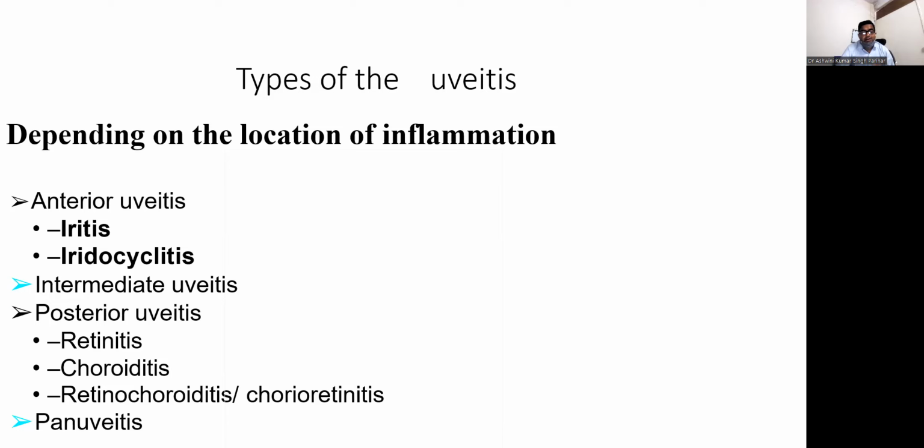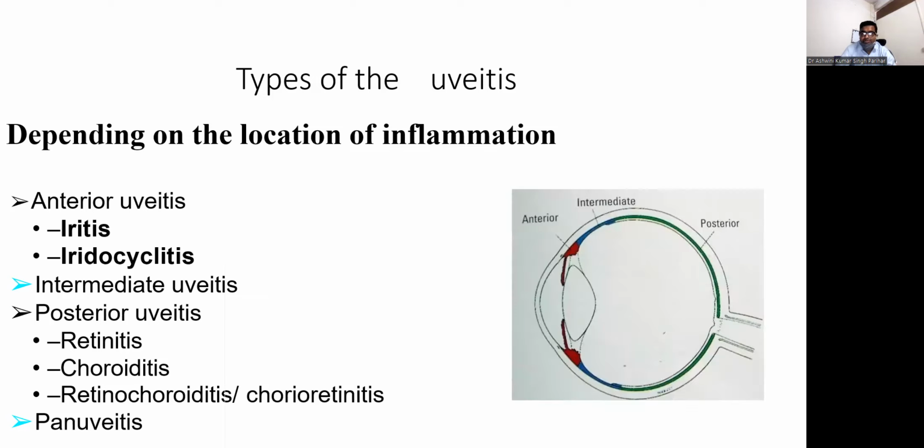This classification is based on the location of inflammation, but sometimes it involves the entire eye, from the anterior segment to the posterior segment, and this condition is referred to as panuveitis. This is a diagrammatic representation where it affects only the iris and part of the ciliary body, so it is iridocyclitis. When it affects the middle vascular coat, the ciliary body, it is known as cyclitis.